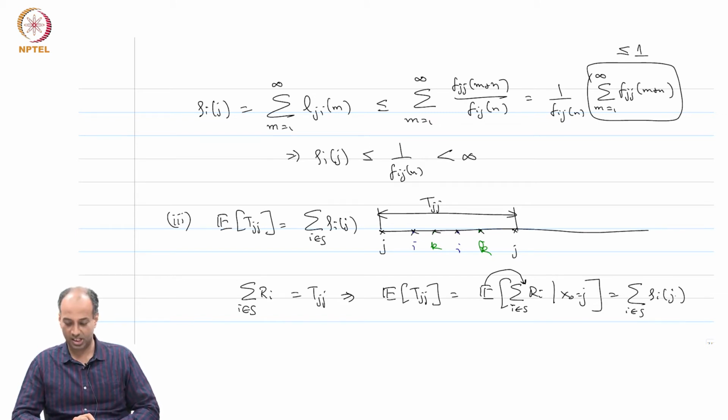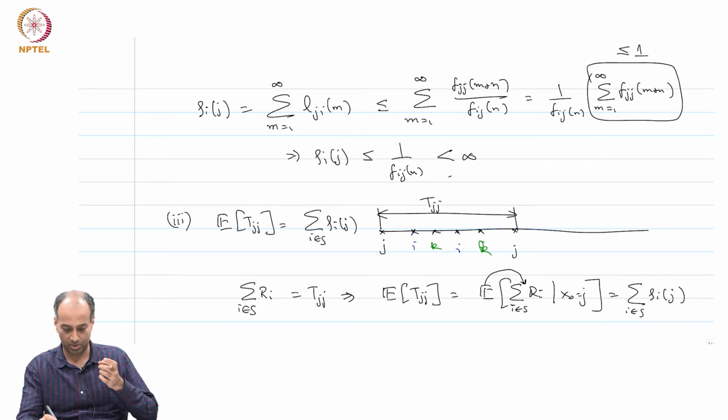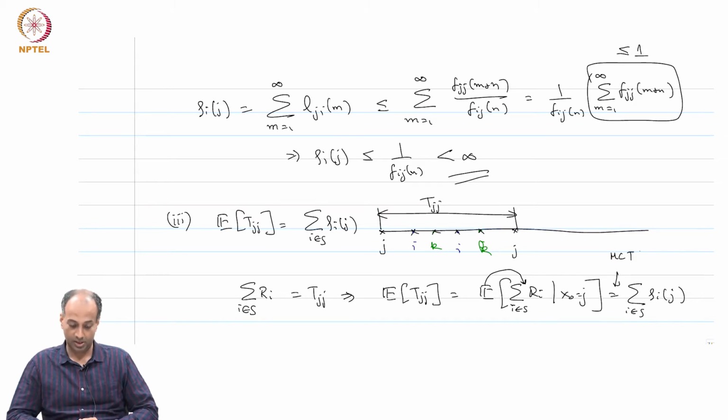Are you allowed to take the expectation inside this potentially infinite sum? It requires a justification. In this case, all these terms are non-negative, and the expected R_i we showed is finite, so this is justified by the monotone convergence theorem.